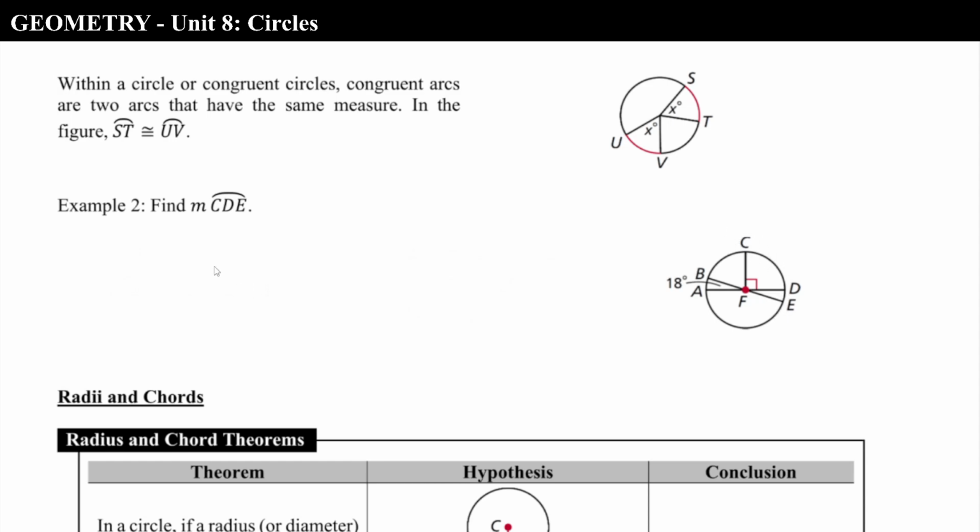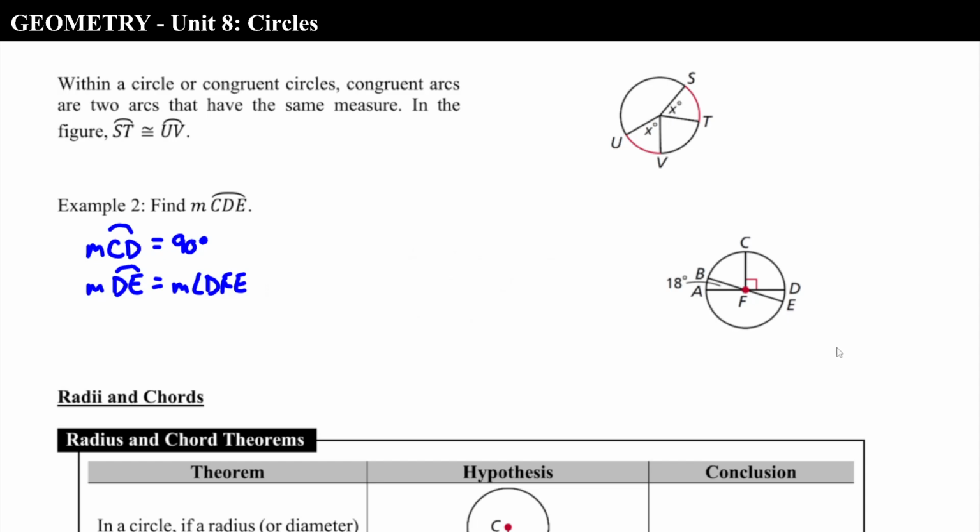Well, we know that the measure of arc CD is 90 degrees because the central angle that goes with it is 90 degrees. Now the measure of arc DE, which is the other piece that we need, is going to be equal to the measure of angle DFE.